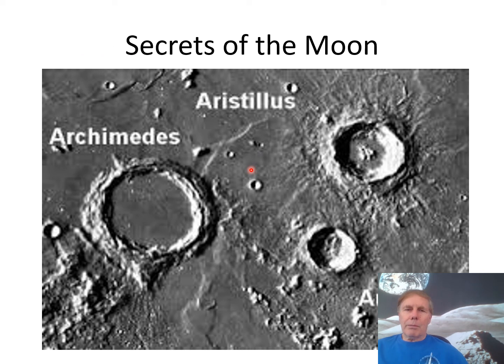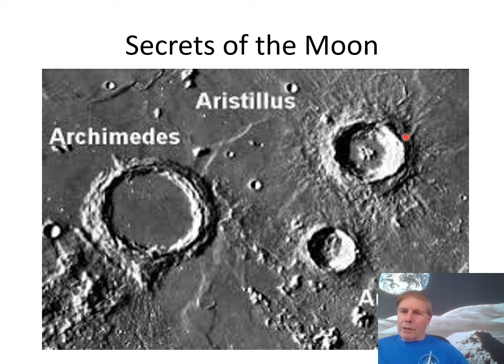This is what's called a mare region, M-A-R-E. And the mares were very fluid lavas that came out. They've actually been measured in terms of the ages between 3.2 and 3.5 billion years. Remember, the moon formed around 4.6 billion years ago. So that was some time after the moon actually originated.